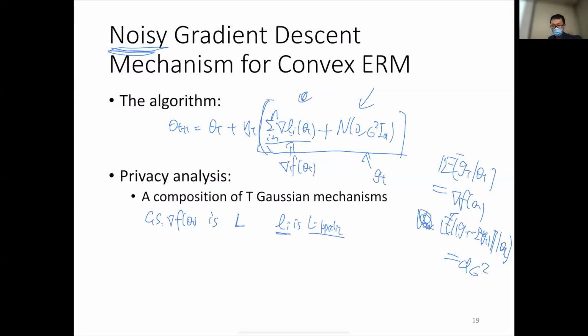So every single element of this summation is bounded by L. Therefore, with this global sensitivity and this amount of noise that we add, each iteration of this algorithm is rho-zCDP.